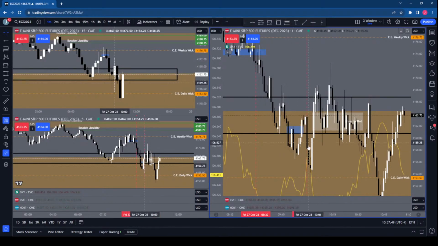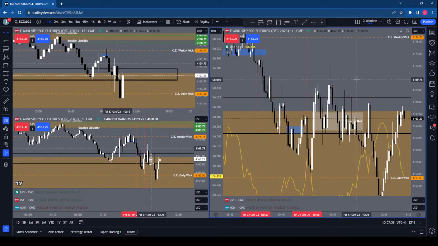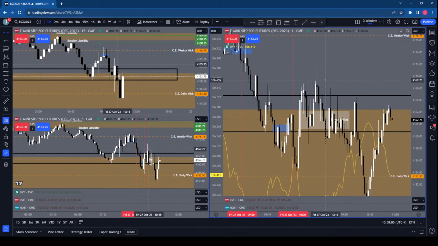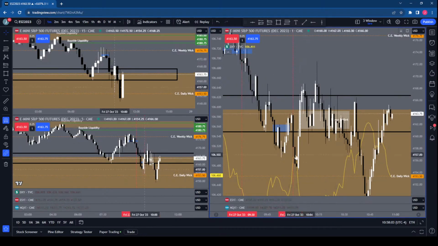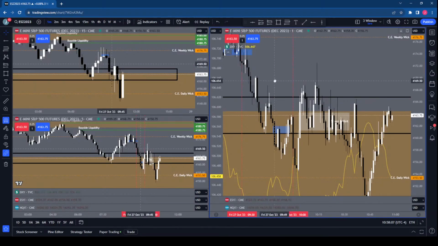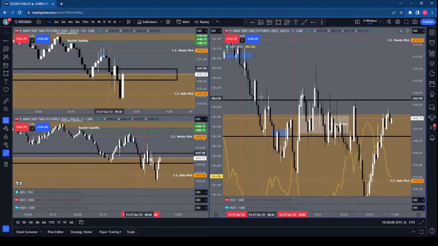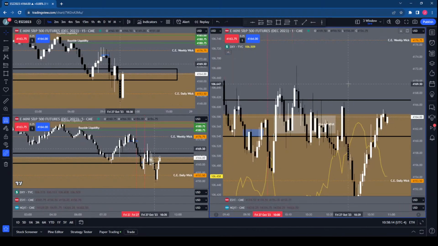So I'm guessing this was the original accumulation on the 15-second. And then we came up, and then this is the market maker sell model, which delivered below the original accumulation. So I didn't even want to consider this swing high in that analysis.